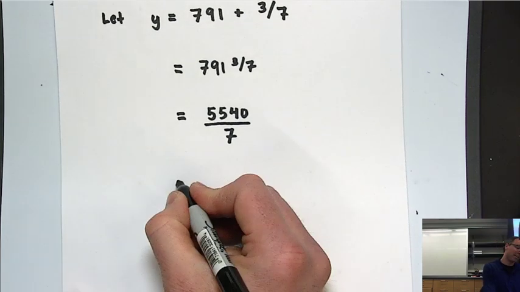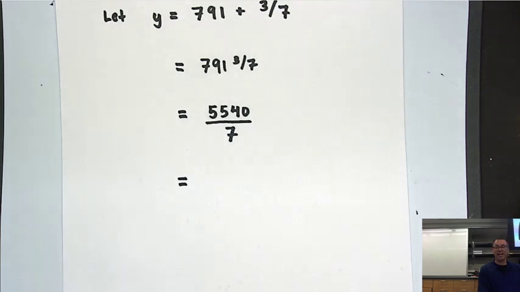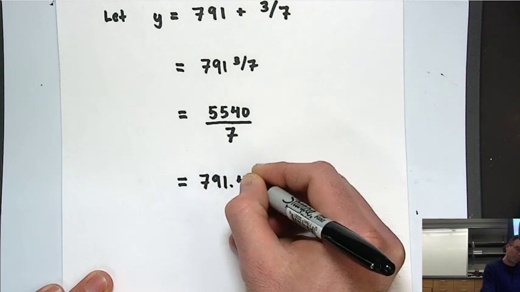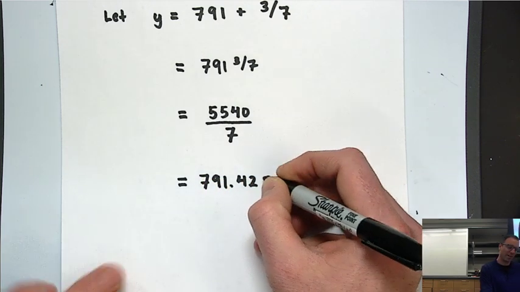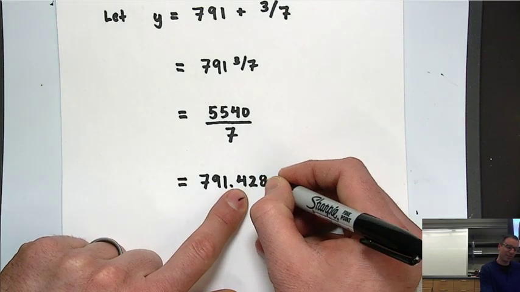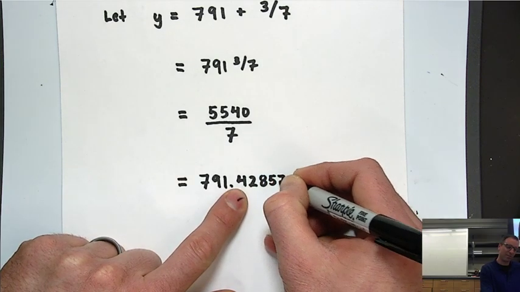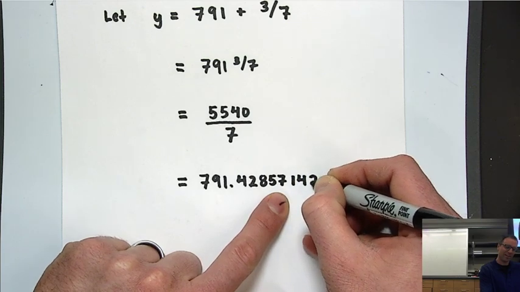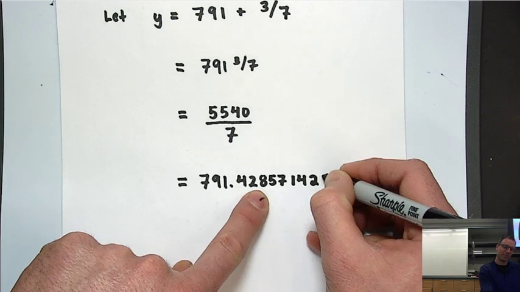Okay, could someone give me the corresponding decimal representation of this sucker? It's 42857. Anybody guess what's going to happen next?